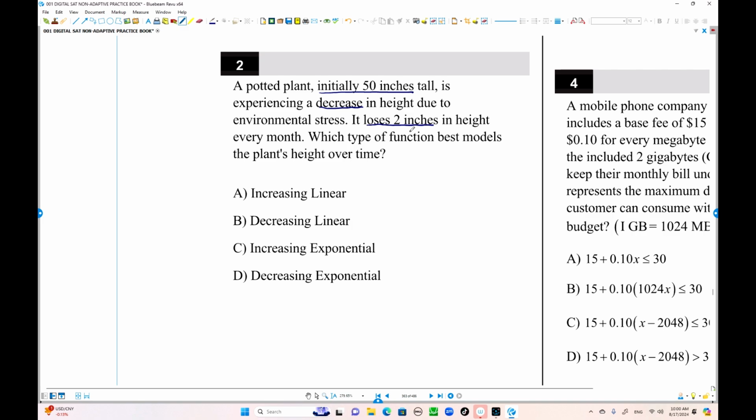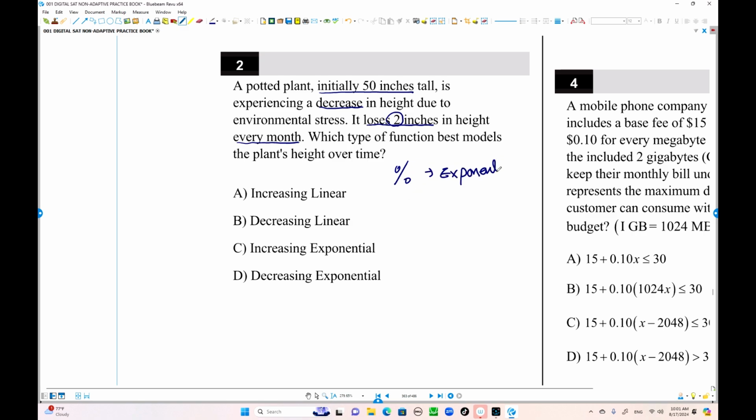So every month, from the data, this number rule holds. From previous months, it always equals a constant decrease. That forms the linear, right? If this is percent increasing or decreasing, that is always an exponential function.